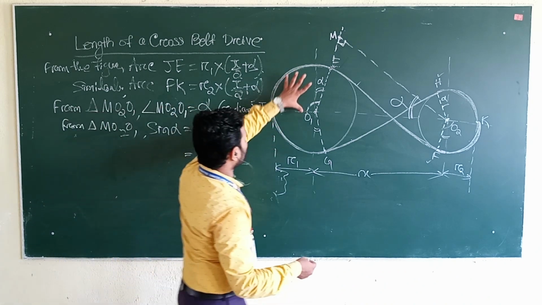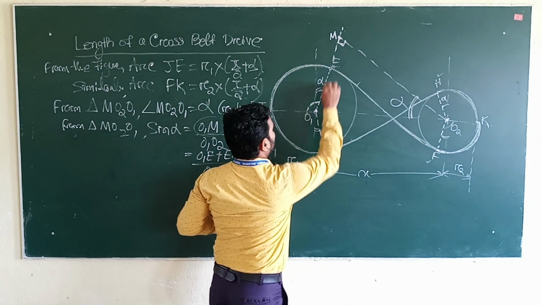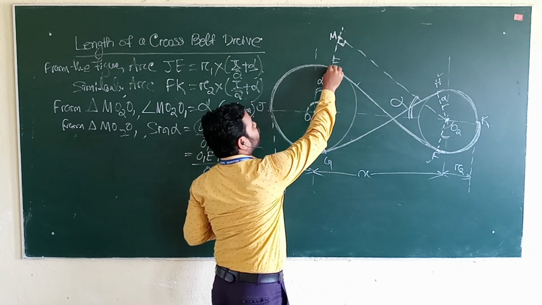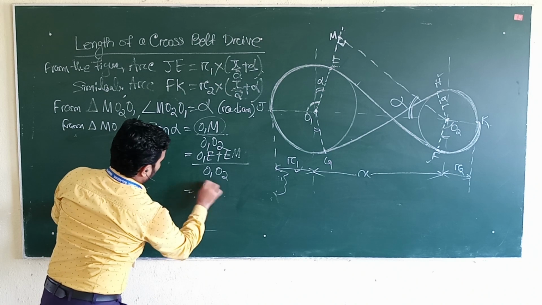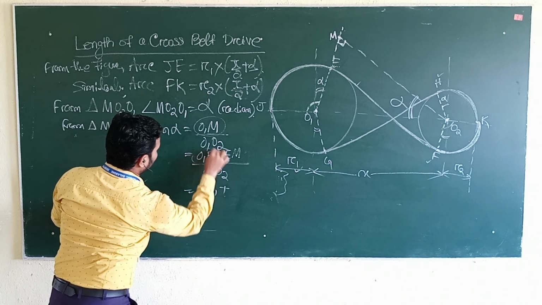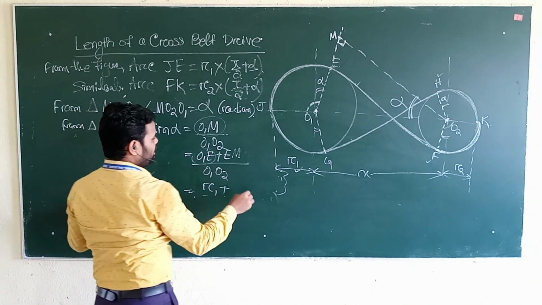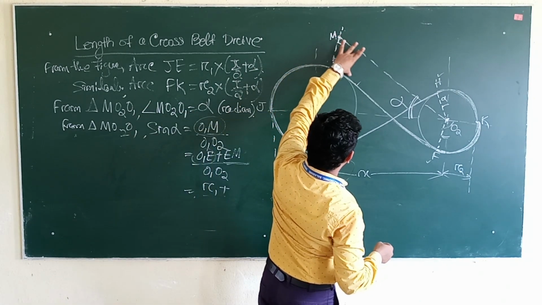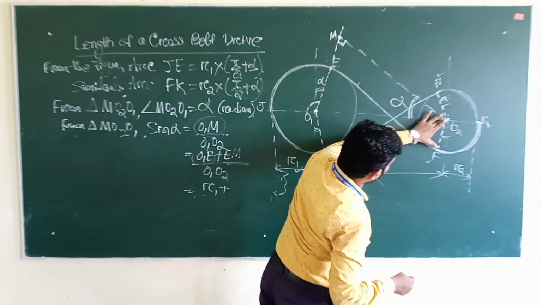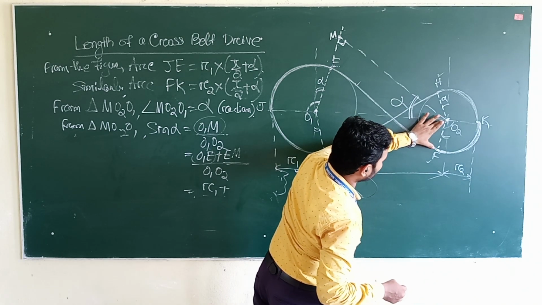Now what is O1E? This is the radius of the larger pulley. So how much is the larger pulley radius? R1. So in place of O1E we will write R1. Similarly, EM: what is EM? EM is like O2F. What is O2F?